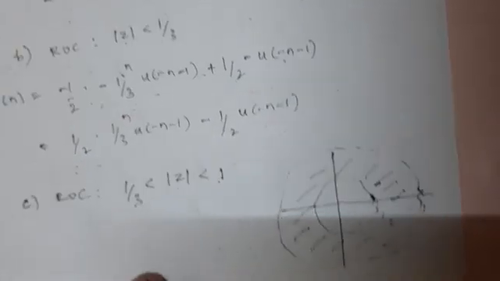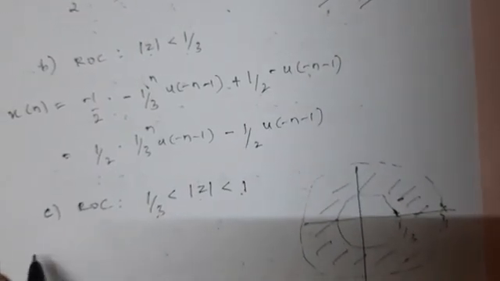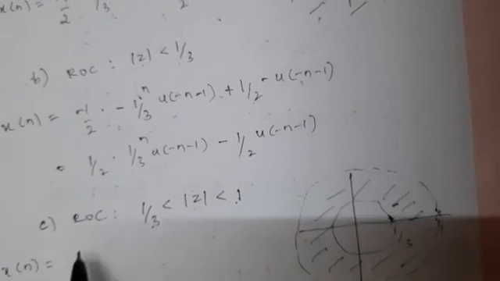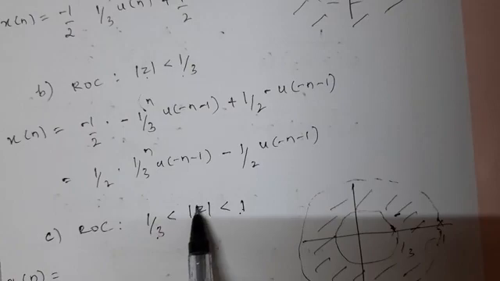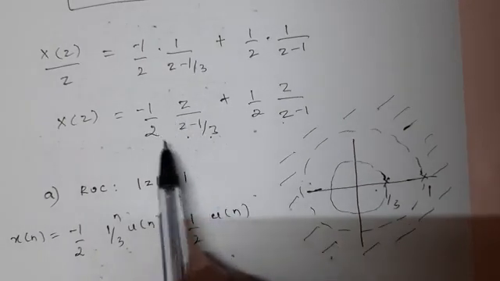So it is a double sided sequence, wherein x of n for such cases, be careful, try to write this. What is this? Z greater than 1 by 3.